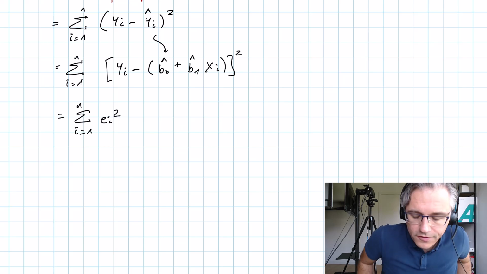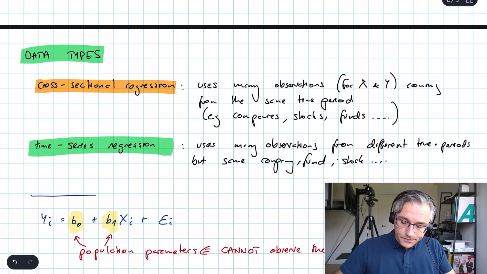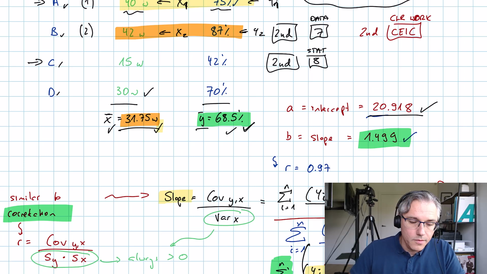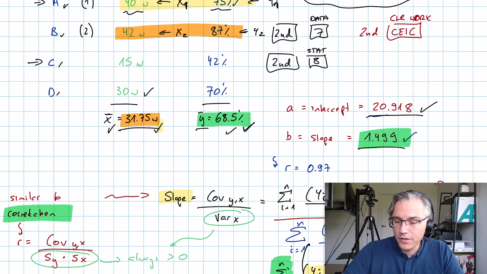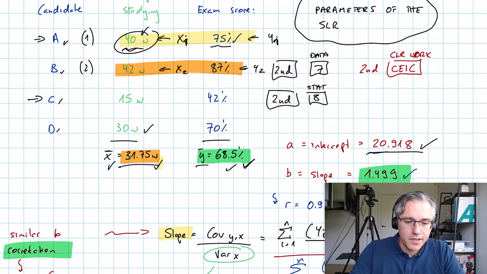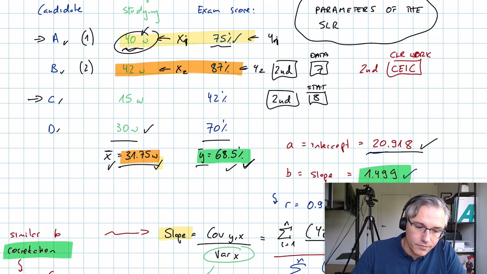Let me give you a little bit of context here. For example, the intercept that we've got, 20.918, and the slope that we've got, 1.499, will allow us to predict where a candidate should score if they studied, I don't know, for 40 weeks. So 20.918 plus 1.499, that's the slope, times 40 weeks of study, should produce an exam score of something like 80.878.